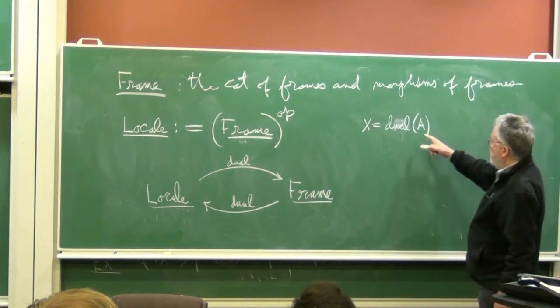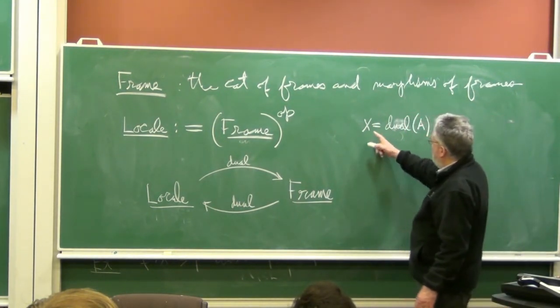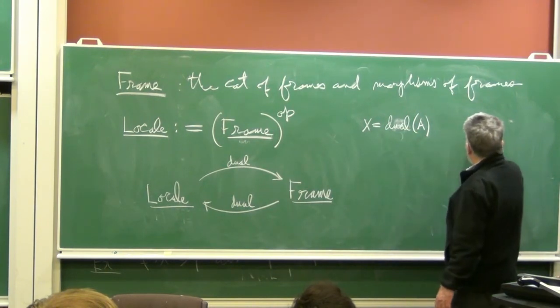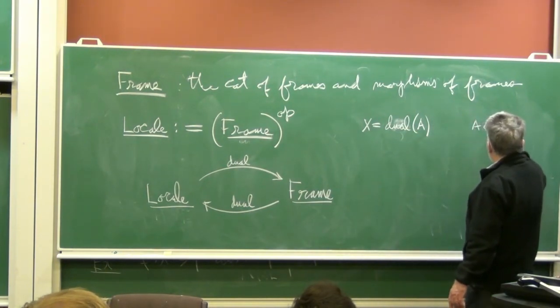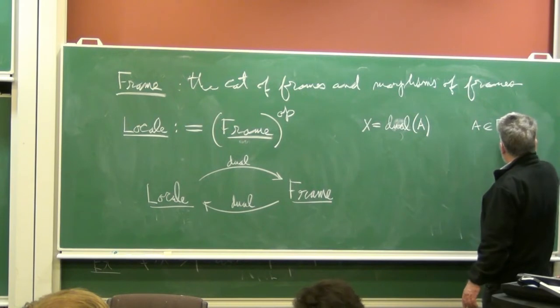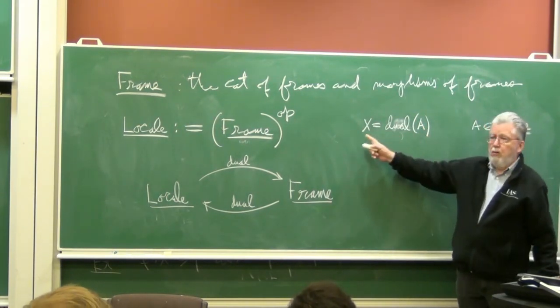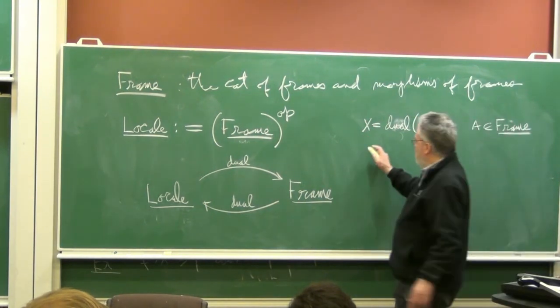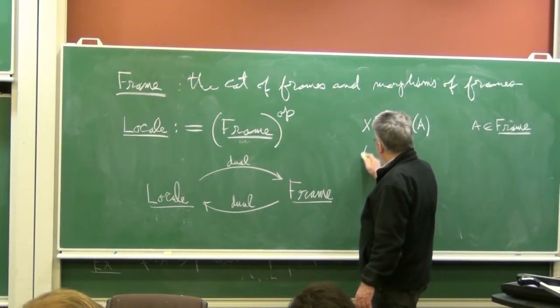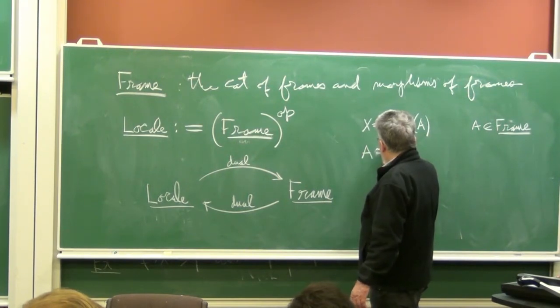And let's call it X, right? And when you write this, where A is a frame, you would like to think of A as the open set of X. So this notation could be reverted, and writing is just a notation.